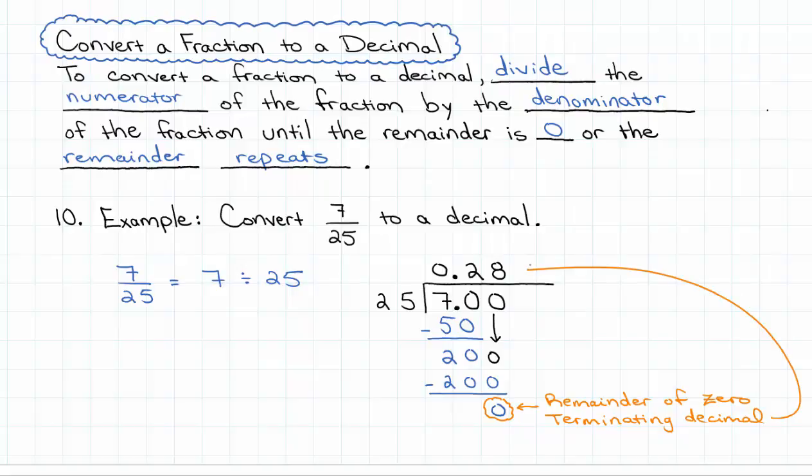In other words, this decimal up here, this decimal ends. Because there are some decimals that are not terminating. They do not end. Okay, so this is our final answer.